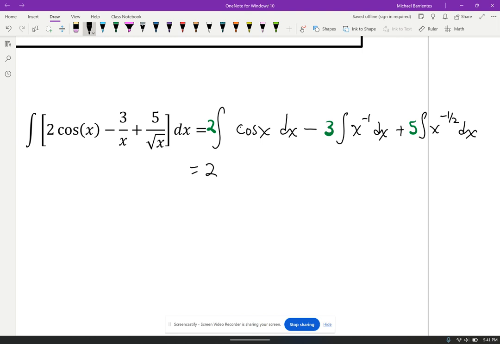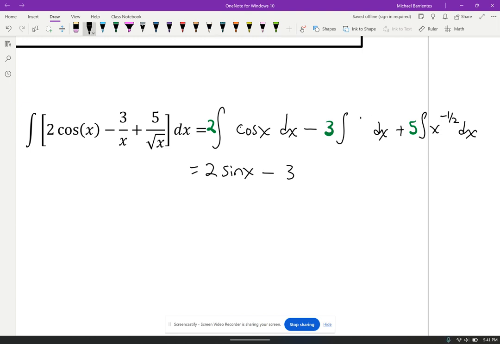The antiderivative of cosine x is sine x minus the antiderivative of x to negative 1 would be x to the, oh, wait, how does that work? x to the 0 over 0? That's not possible. Oh, you know why? Remember what the rule list said?